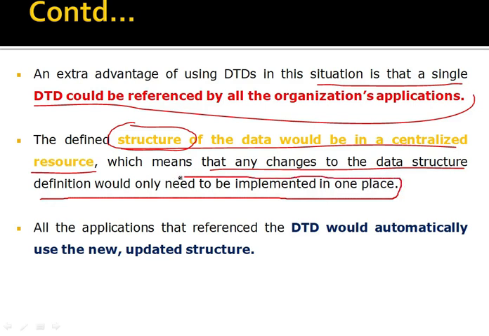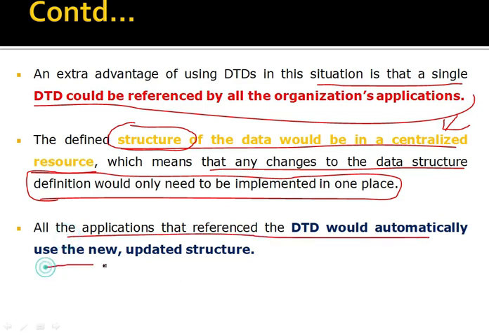If you want to make changes in the structure, it is enough to make the changes in the centralized resource. All the applications that reference the DTD would automatically use the new and updated structure.